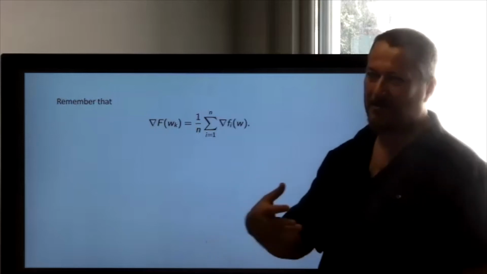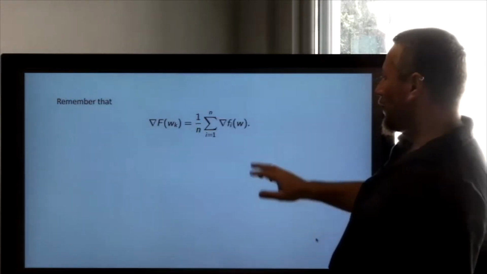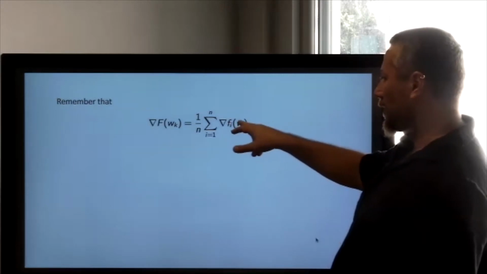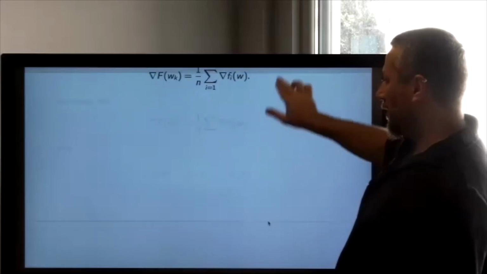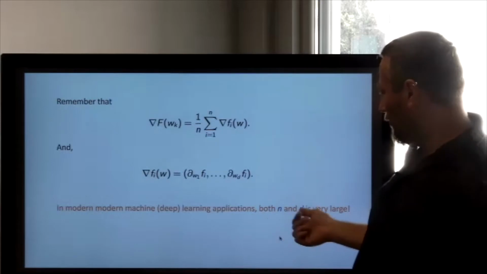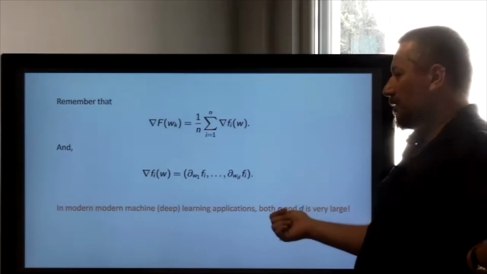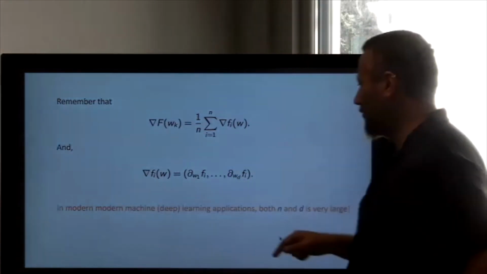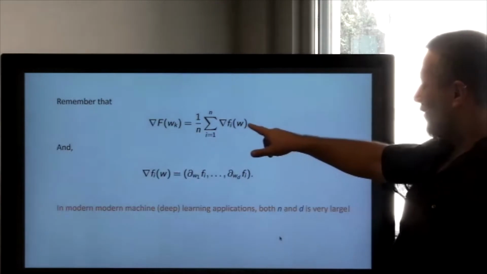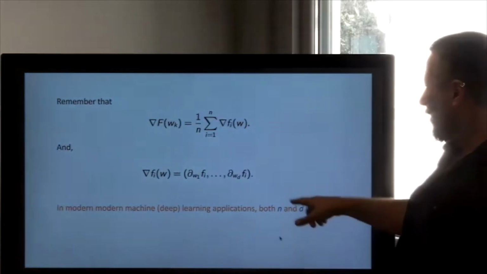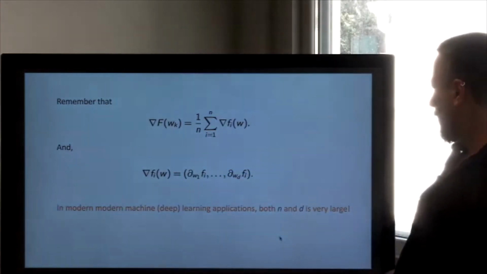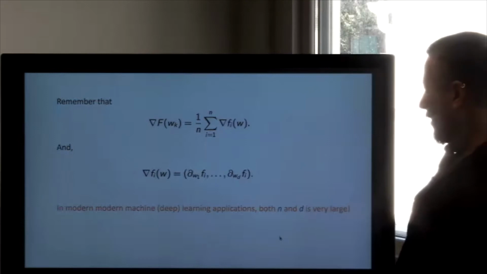And in modern applications, we have millions of points. So for each of these points, we calculate the gradient of this complicated function, add them up, and take the average. And as you can guess, this takes a lot of time, because in modern machine learning applications, both n, the number of data points, and d, the dimension of the parameter space, are very large.